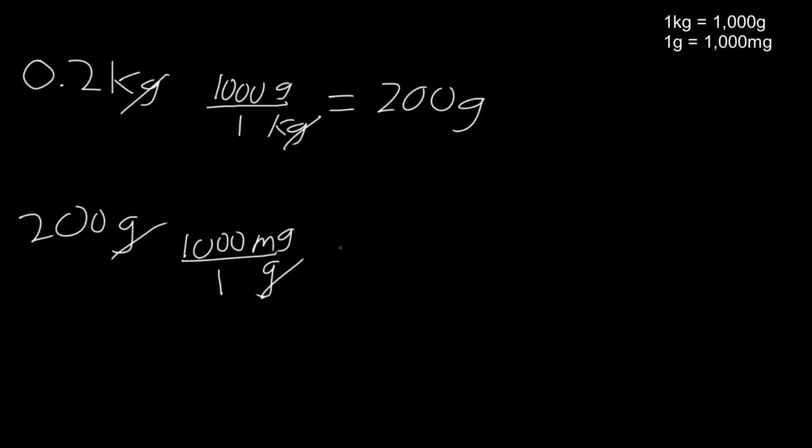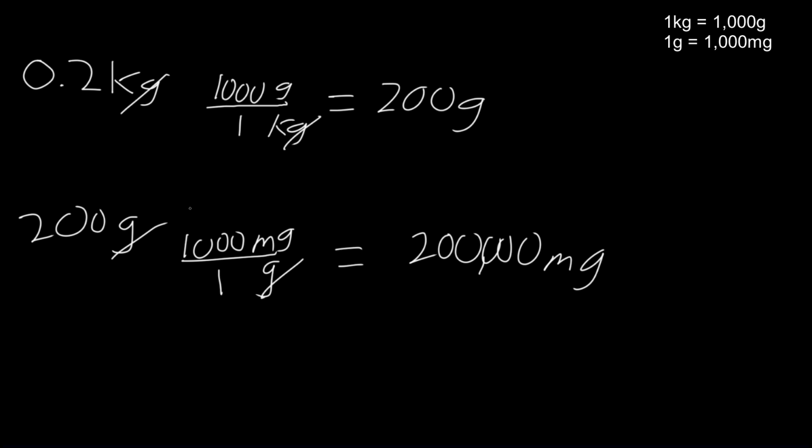That equals 200,000 milligrams. So we did this in 2 steps. We did kilograms to grams, and we got 200 grams, and then we took 200 grams and went from grams to milligrams, and we got 200,000 milligrams.